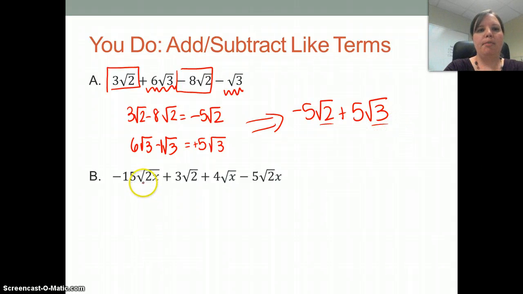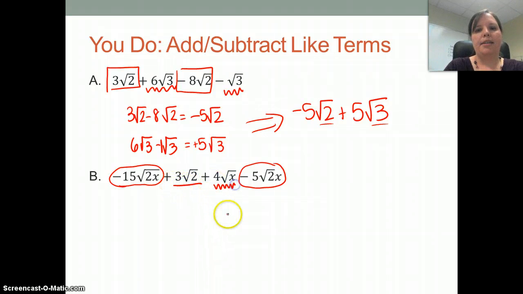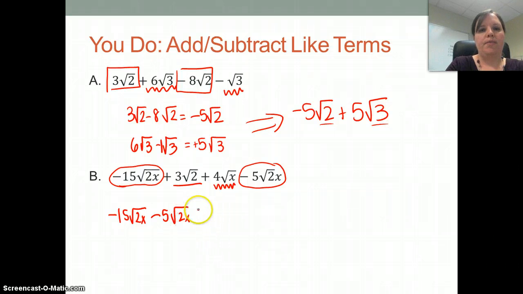In the second problem here, you've got root 2x, and here's another root 2x. You've got a root 2, and you've got a root x. So the only like terms are the negative 15 root 2x and negative 5 root 2x. So that would be negative 20 root 2x.